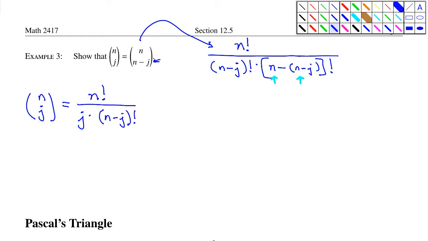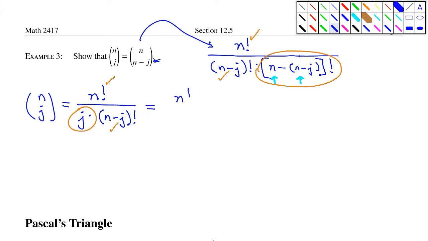And if we just do sort of a rudimentary check here, I notice I've got my n factorial on the top. I've got my n minus j factorial. So the part that I need to finesse is the j, and I need to turn it into n minus j factorial. Well, that's actually easy to do.